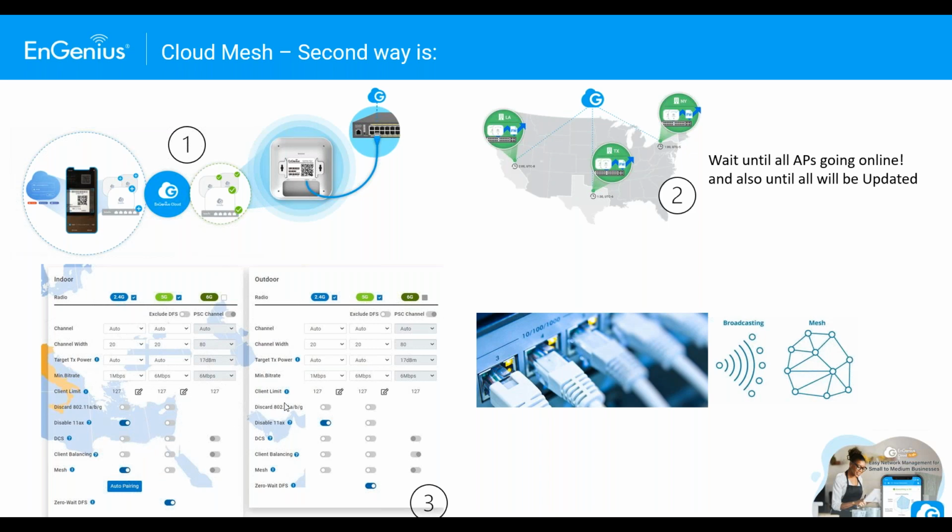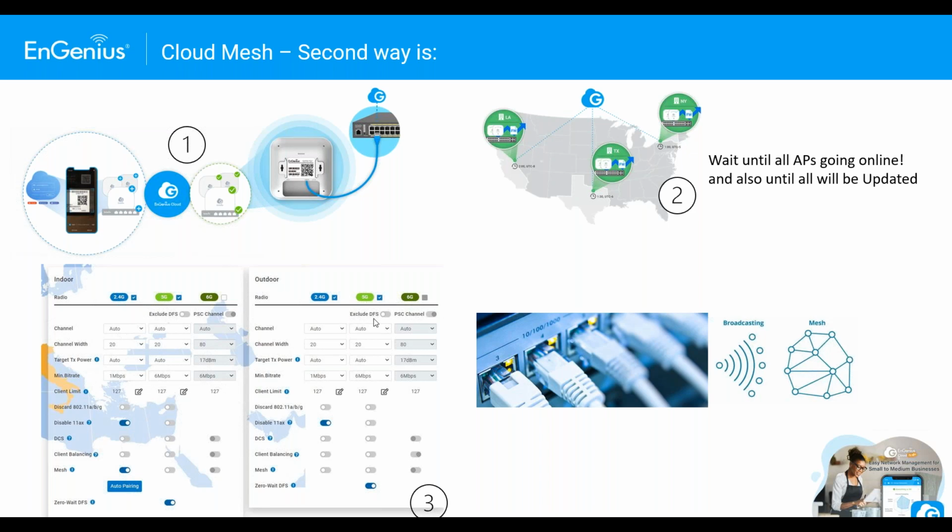For this, I would suggest you wait until the configuration is injected into the access points. But also, if you would like to copy exactly the same configuration for indoor and outdoor, there's also no problem.